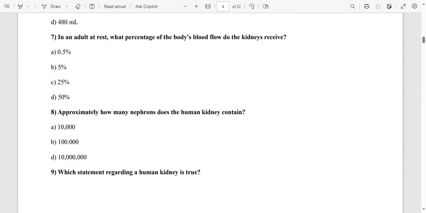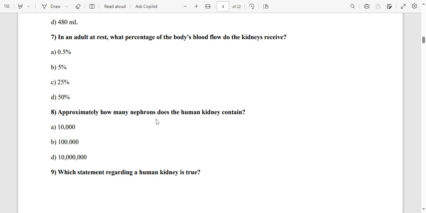In an adult at rest, what percentage of the body's blood flow do the kidneys receive? We talked about this, remember, in the class that we had. The kidney, just like the muscles, receives 25% of the total amount of blood that goes out of the heart.